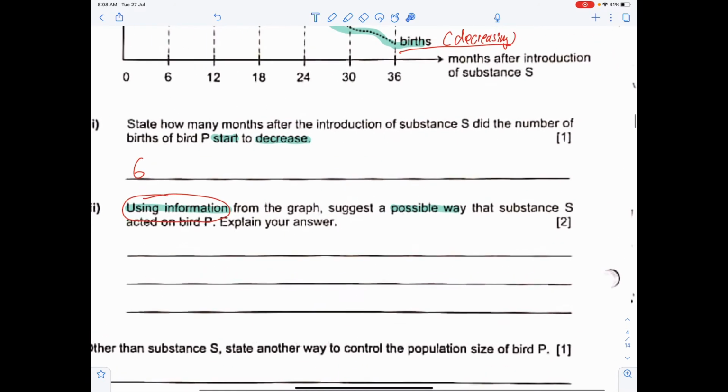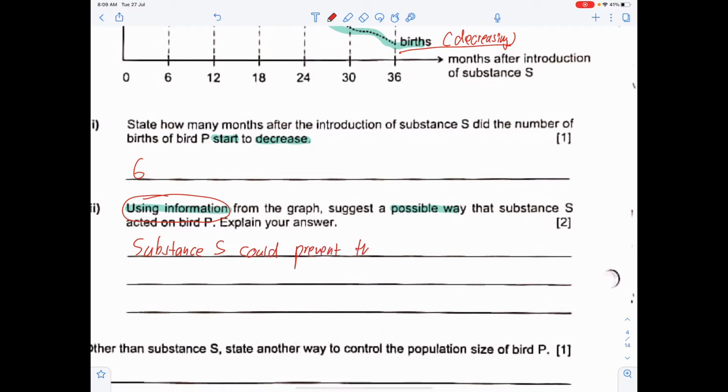So how would the answer look? You would want to say that substance S could prevent the birds from laying eggs. So without eggs, there can be no births. Hence, the birth rate starts to decrease.